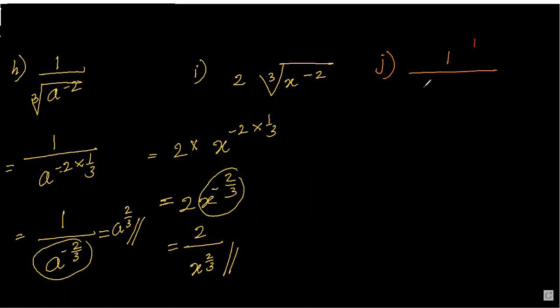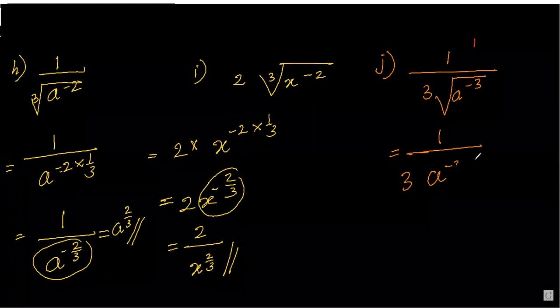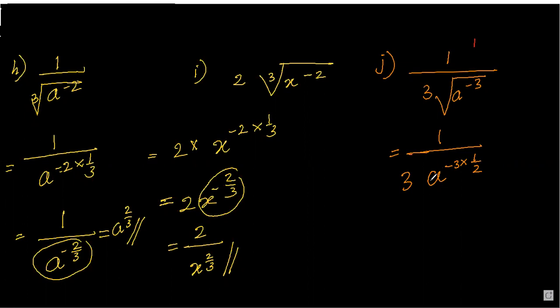1 over 3 a to the power minus 3. Then we can write 1 over a to the power minus 3. There is a 3 here. This 3 does not belong to this. It is in front, not inside the bracket. It means a to the power minus 3 into half. Can you understand this? This one is not inside the bracket, so it does not belong to this part.